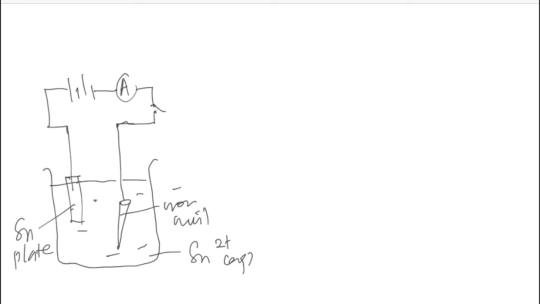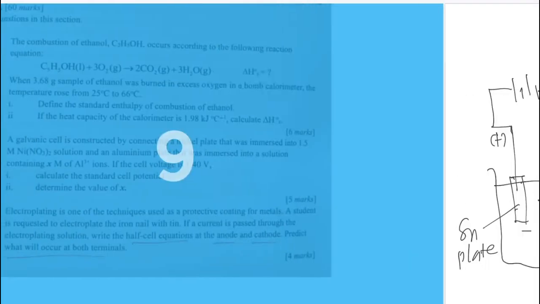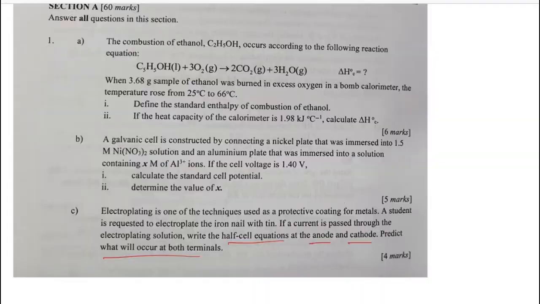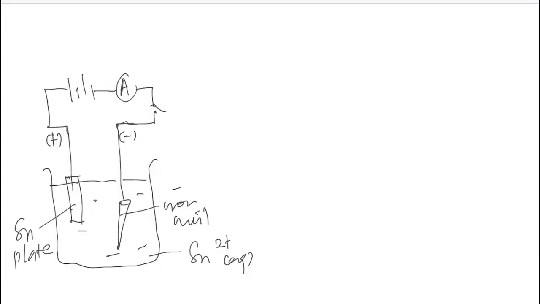But the most important thing is our understanding of who will be the anode and who will be the cathode. In this case, kalau kita baca soalan, they want to electroplate iron with tin. So definitely our tin has to be the anode lah.